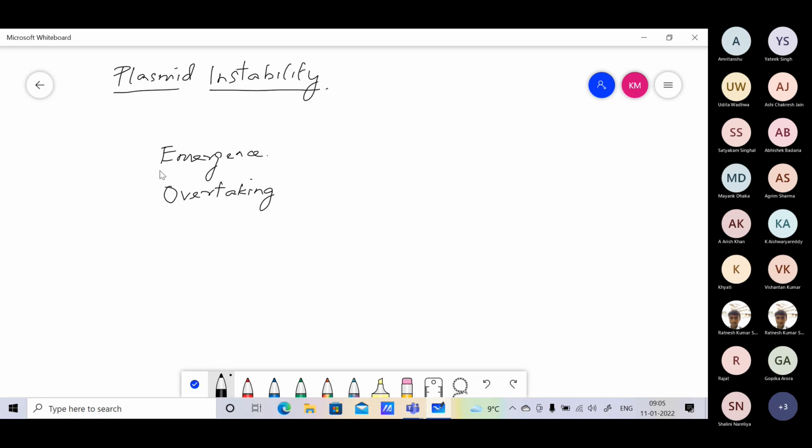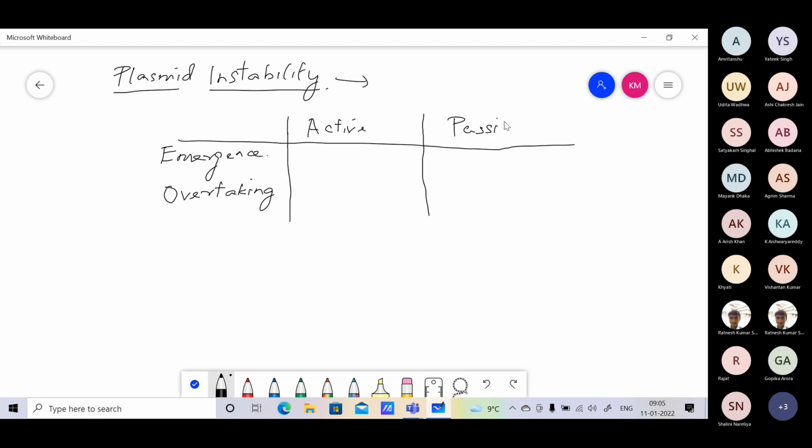And as I said, I could also divide this process of emergence and overtaking into two very interesting components. For example, I can write that to make it stable, there are active mechanisms of ensuring stability and passive mechanisms of ensuring stability. What would be a passive mechanism?